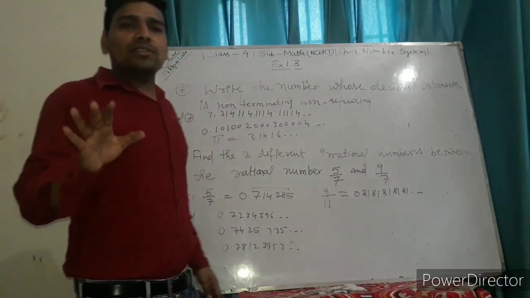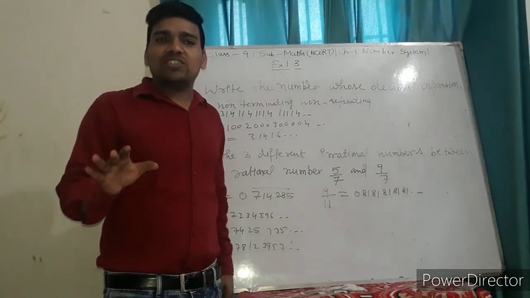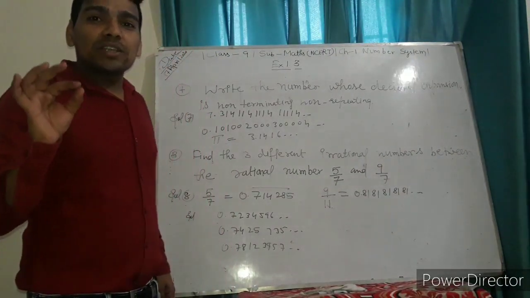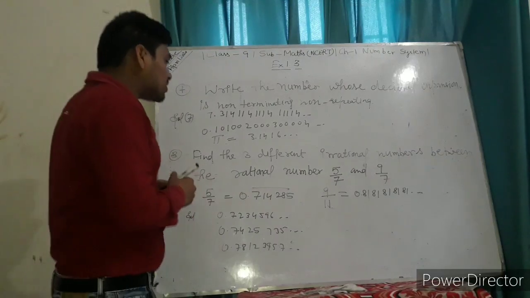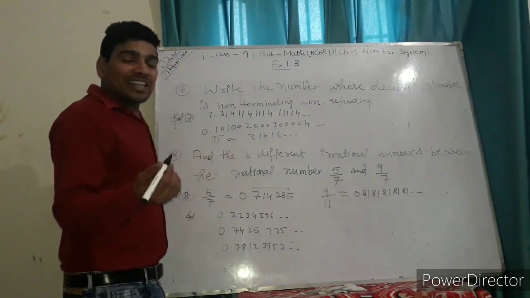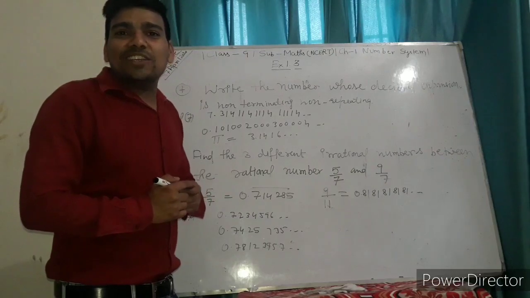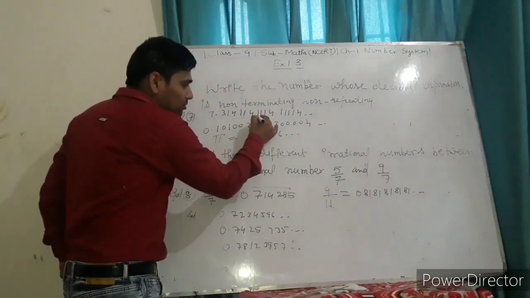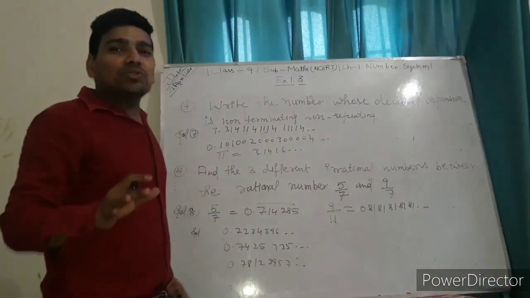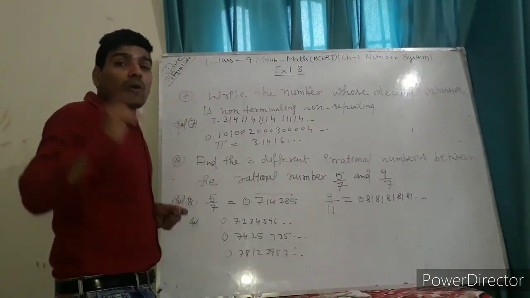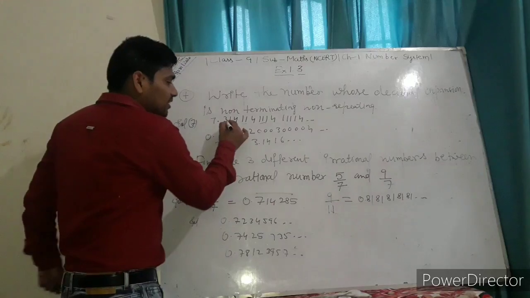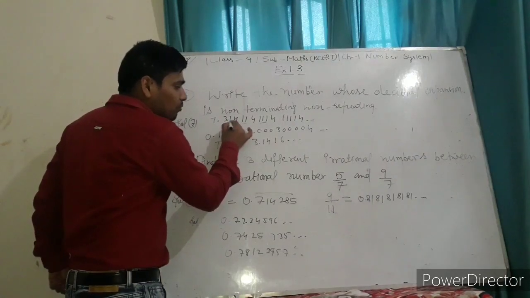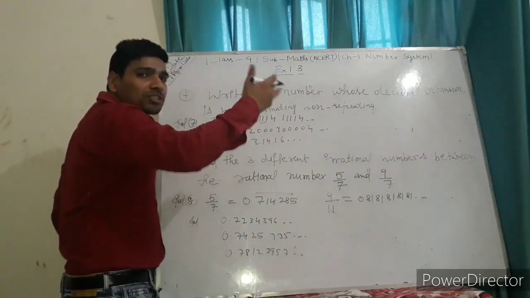Now, students, you are in 9th standard, so you might be confused on this point. You can think, sir, you are saying there is no repetition, but there is a repetition of 1 1 1 1. My dear student, repetition must be of a block. Suppose this is 14, then again there must be 14.